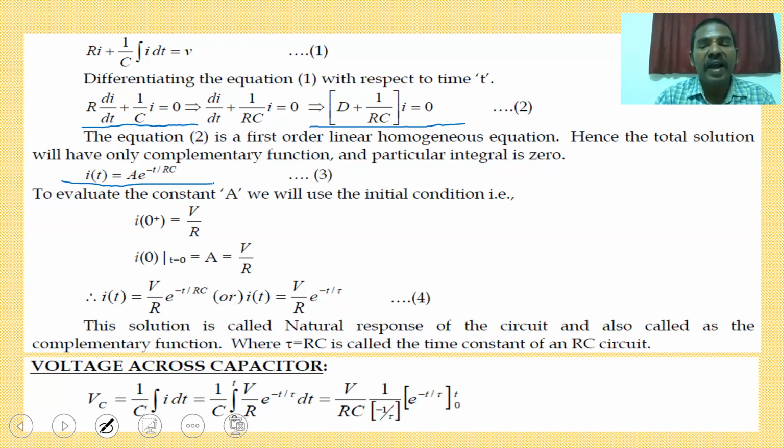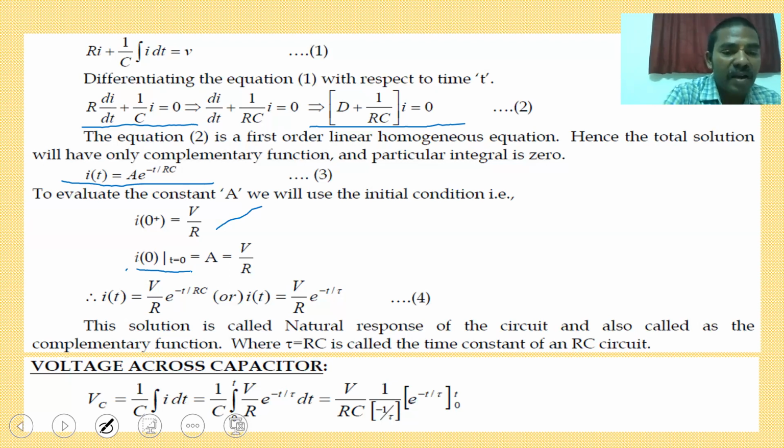Already you derived the initial condition: i(0+) is V/R. So in equation 3, substituting t = 0+, A e^0, and e^0 is 1, so you get only the value of A.